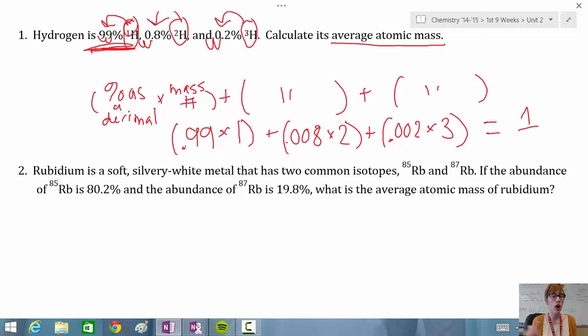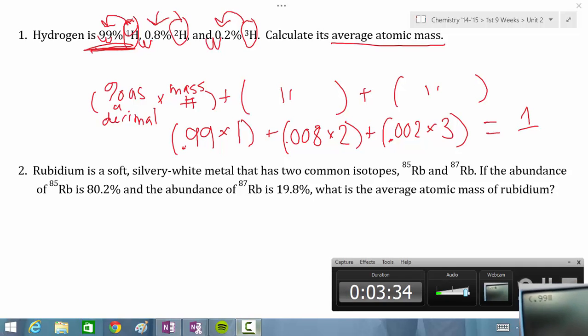Now I'm just going to put all this into the calculator. Parentheses 0.99 times 1, close my parentheses.